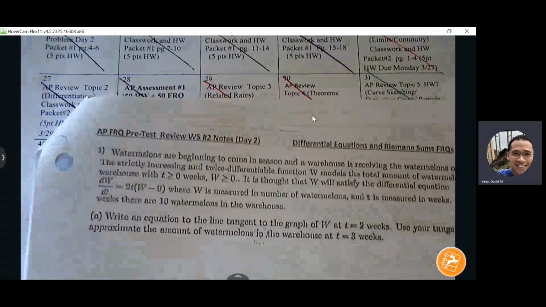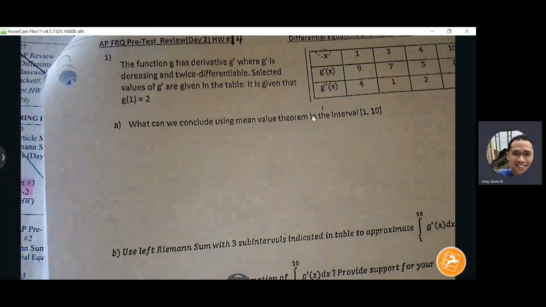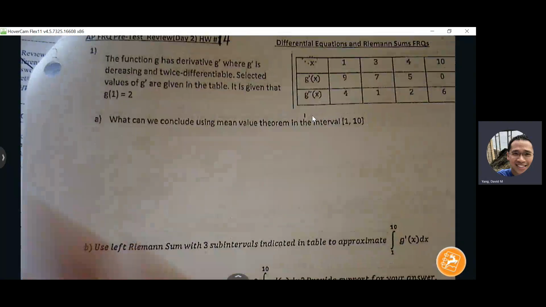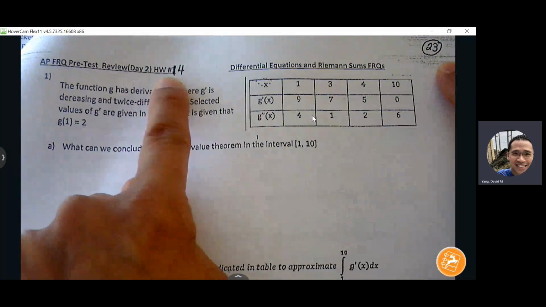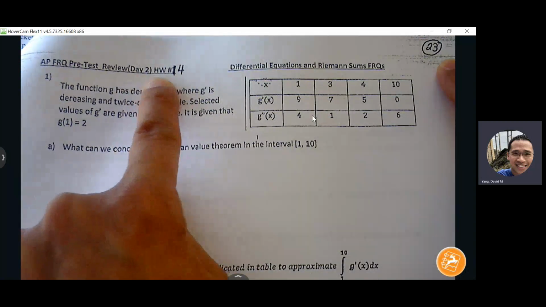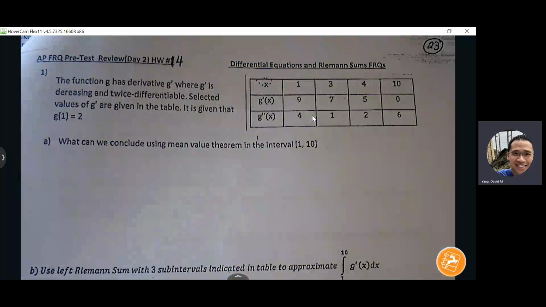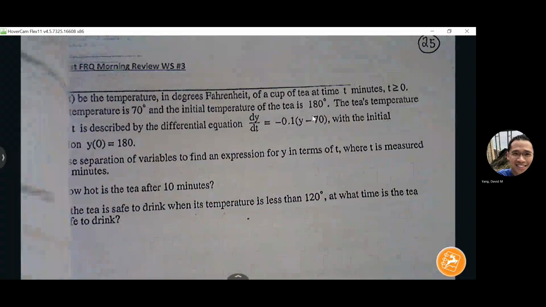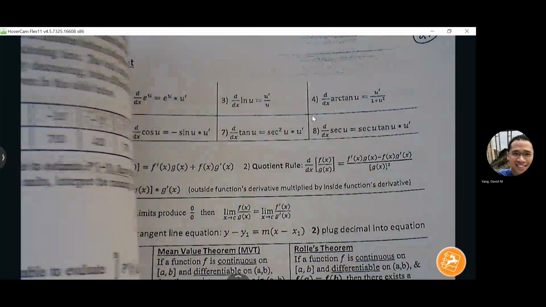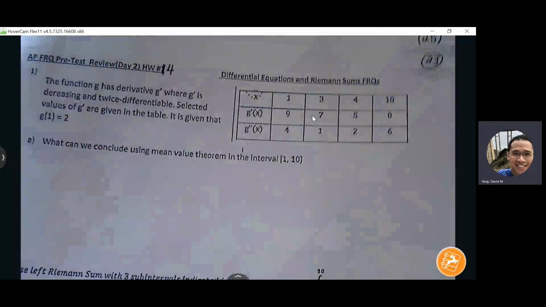I'll try to get through as much as I can today, but then whatever I don't finish, you guys will finish for homework, and that's due on Wednesday. Tomorrow morning, I will go through worksheet 4 here. So page 23, 24, 25, and 26.